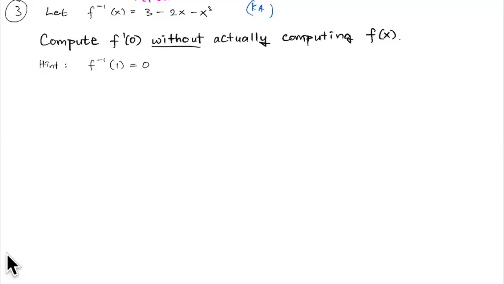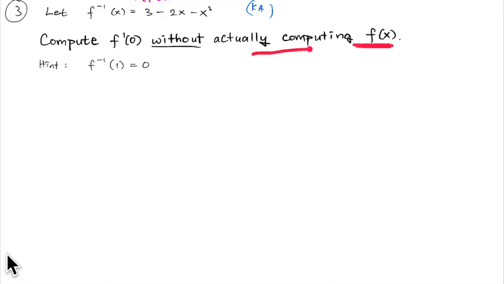In this next exercise, we are given the inverse function. It is a polynomial, but actually it is hard to compute the function f. And so now we want to compute the derivative of f at 0 without actually computing the function.